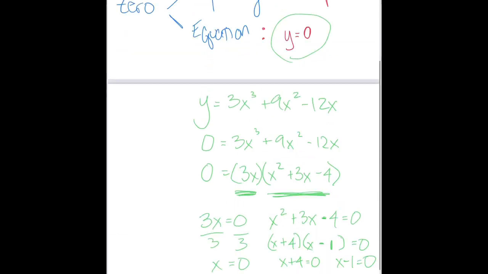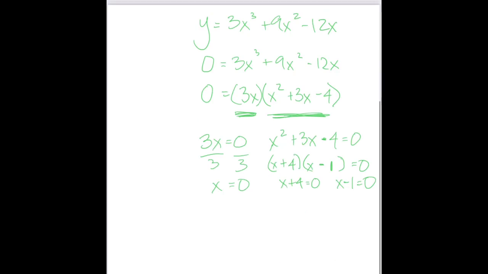All right. As I solve this, I have that x is equal to negative 4, and also x is equal to positive 1. Great. So now what has this told me? As I set y equal to 0 here and solved for x, I have 3 different zeros, different x-intercepts here.